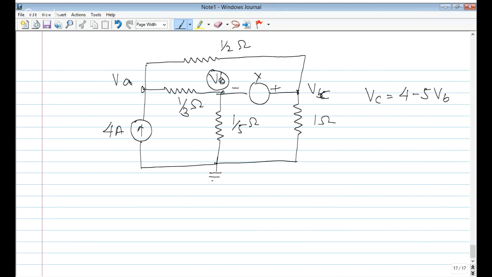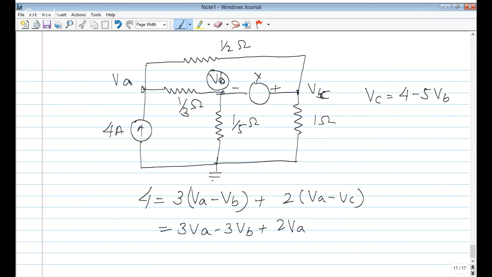Now if you see VA, if we apply nodal here, incoming current is 4, the outgoing will be (VA minus VB) by 1 by 3, that is into 3, plus (VA minus VC) into 2, that is 3 VA minus 3 VB plus 2 VA minus 2 VC, and minus 2 VC will be minus 8 plus 10 VB. So 12 is equal to 5 VA plus 7 VB.